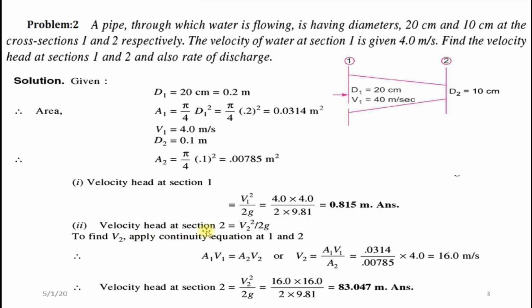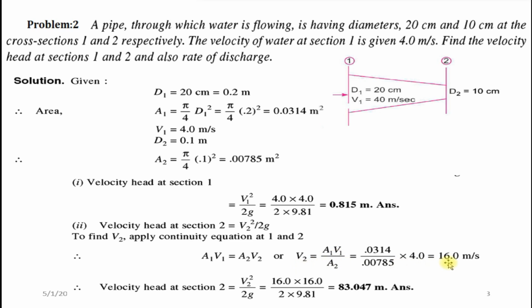Similarly, velocity head at section 2 is v2 square by 2g. So how will you find out now? Apply the continuity equation that we have studied in the last session. That is continuity equation a1 v1 equal to a2 v2, that is equal to q. So once you have a1, v1 and a2, you can find out v2.